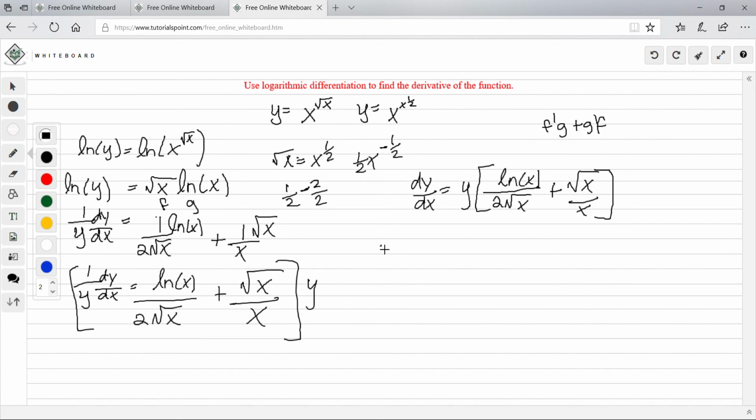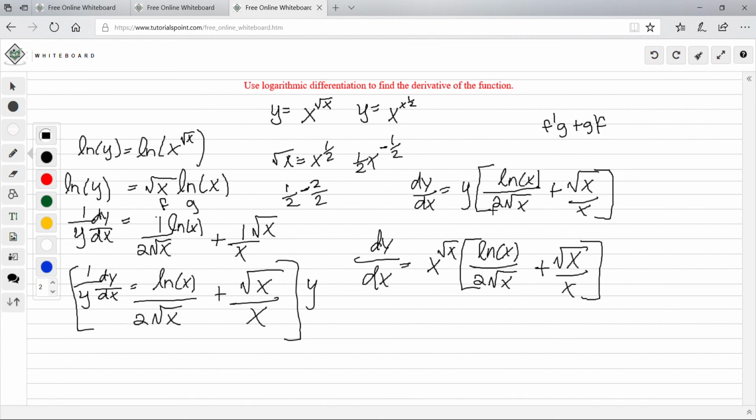So dy over dx equals x to the square root of x times the bracket. So this is your final answer. So that's how you do logarithmic differentiation.